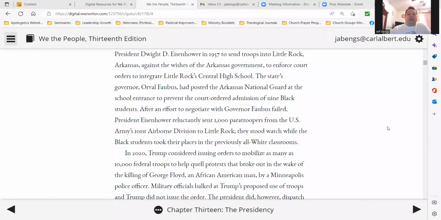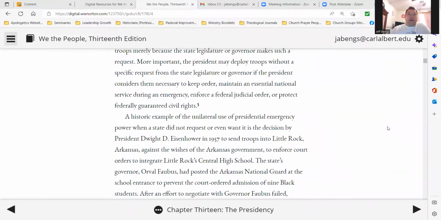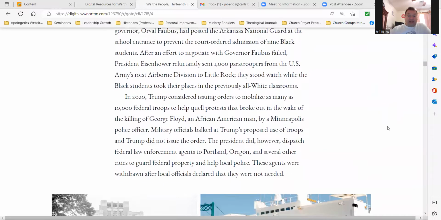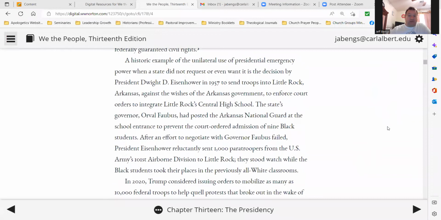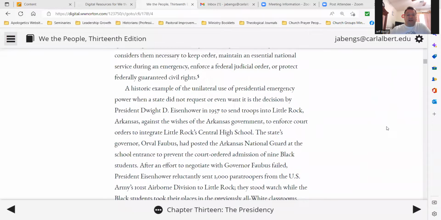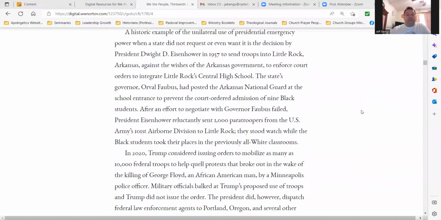There have been presidents also that have made use of the military within the United States to enforce law. President Eisenhower in 1957 sent troops into Little Rock, Arkansas, to see that the Arkansas government would enforce the Supreme Court's laws that schools be integrated.